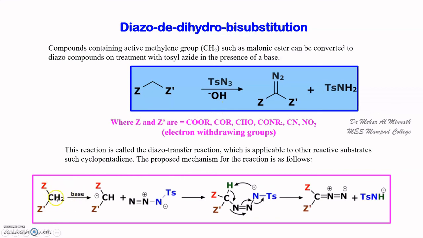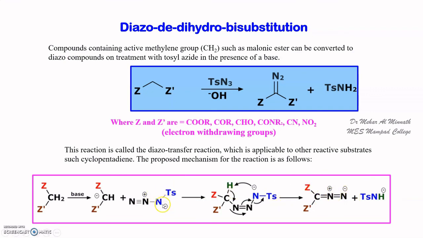The base abstracts the methylene proton, and you get a negative charge carbanion over here, and you have the tosyl azide here. The nitrogen on the tosyl azide will be having a positive charge, and then there will be attack. So you can see here the nitrogen will be attacked, and then you get the diazo compound. Alright, so that is the mechanism for this one.